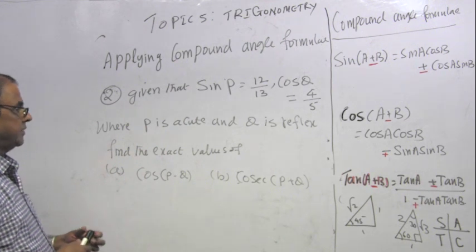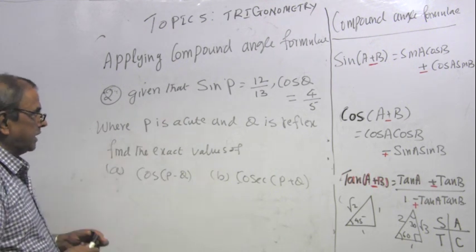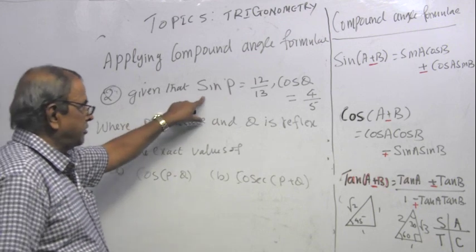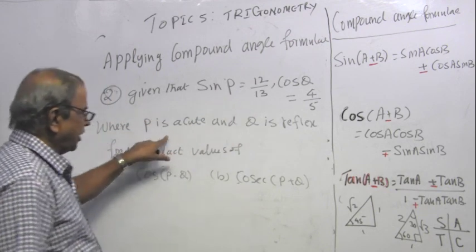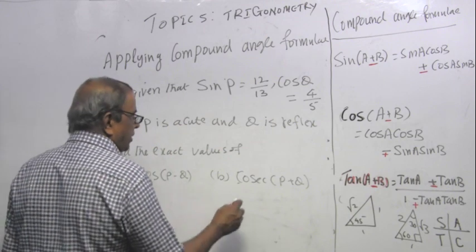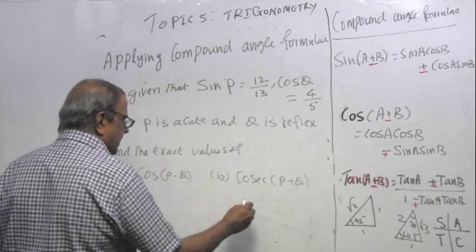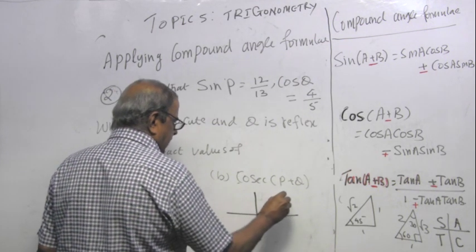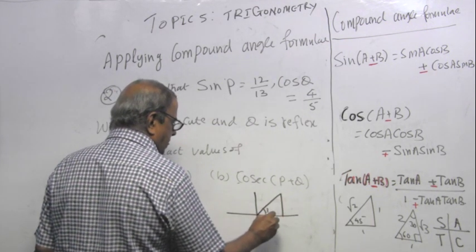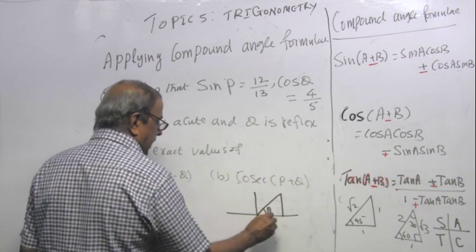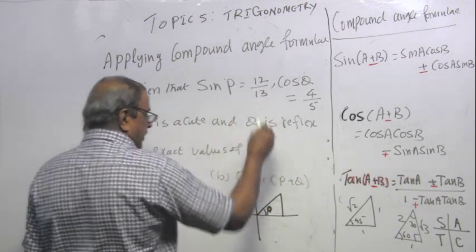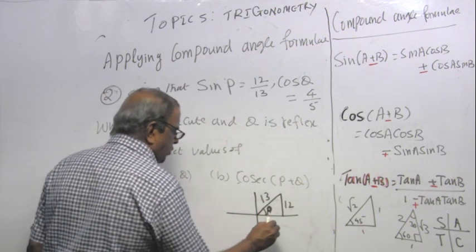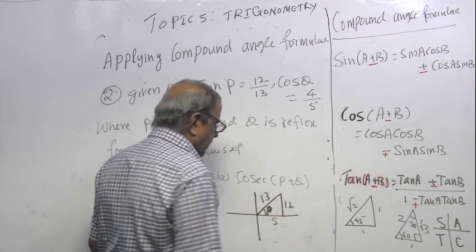Very good. Before you even go to this formula, use that information. Sine is positive, it's acute. So if I were to draw a diagram, that's P, the opposite side is 12, hypotenuse is 13, and by Pythagoras the adjacent side is 5.